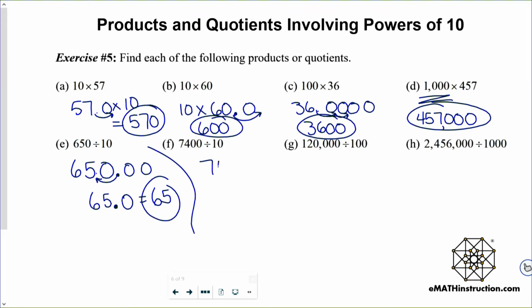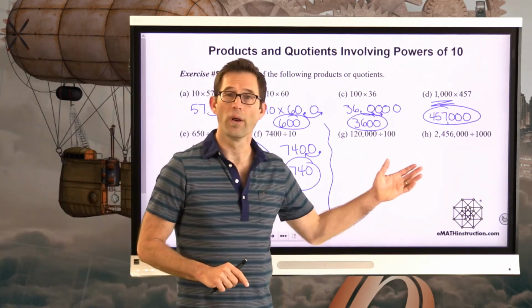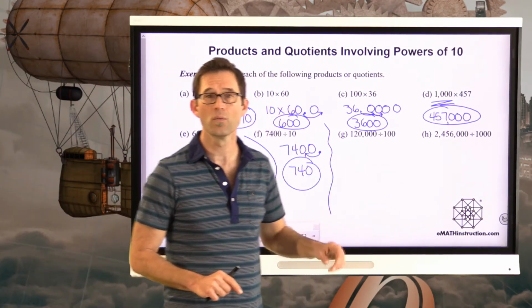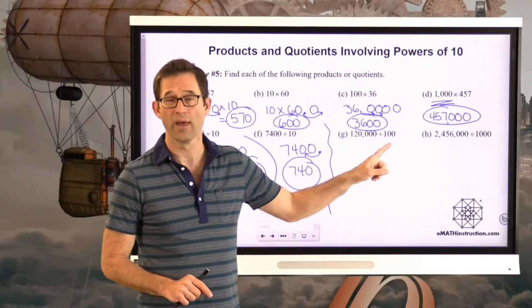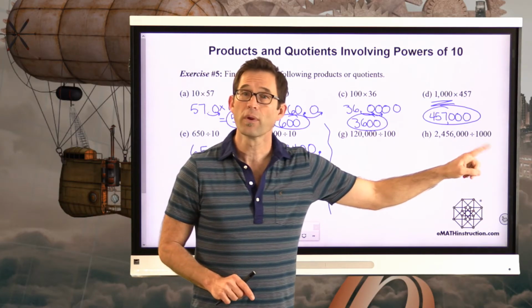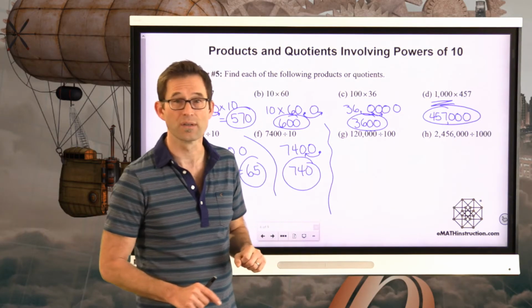Likewise, if we have 7,400 divided by 10, we move that decimal place 1 unit to the left, and we get 740. If, on the other hand, we divide by 100 or by 1,000, we'll move those decimals 2 places to the left in terms of 100, and 3 places to the left in terms of 1,000.